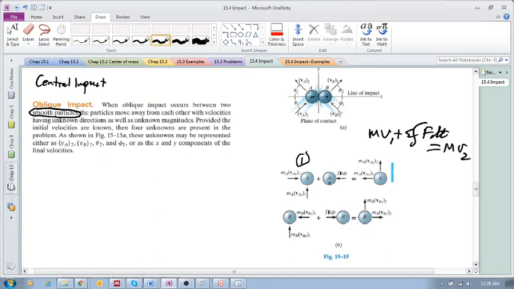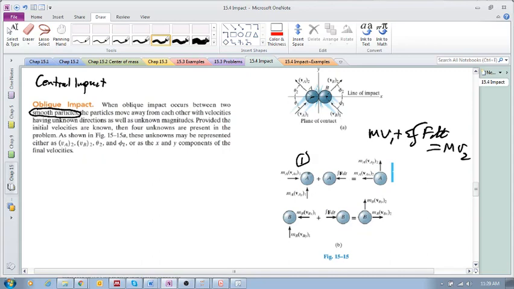The only time that a particle would experience a vertical impulse during contact is if there's friction between the two particles. If there's friction, then we do need to consider a vertical impulse. But our assumption is that they're smooth, so the only impulse will be something that's normal, perpendicular to the plane of contact: the impulse of B onto A.